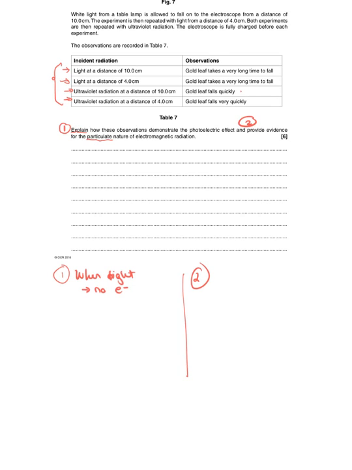The only reason that it discharges after, so the gold leaf takes a very long time to fall, is because it naturally discharges over a long period of time. If this experiment was done in a vacuum, there would be no other particles in the air to affect it, so it would stay like that forever.